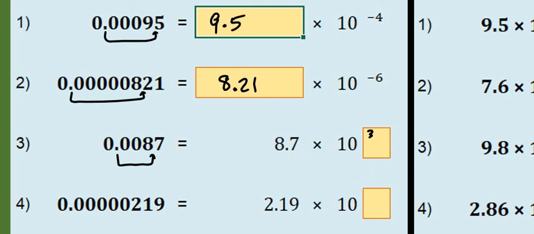It's less than 1 actually. So when the number starts with 0, the power should be what? The power should be negative. Very good. And so this will be written to the negative 3rd power.